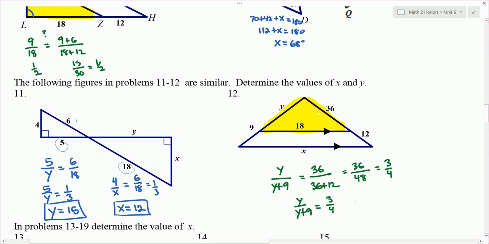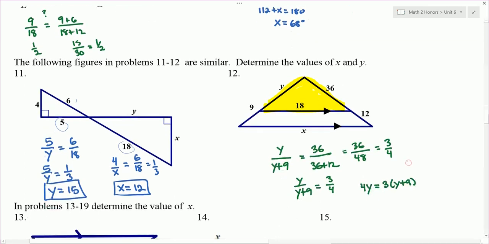If you cross multiply, you get 4 times y is equal to 3 times y plus 9. Distribute. Subtract 3y, and you end up with y is 18.